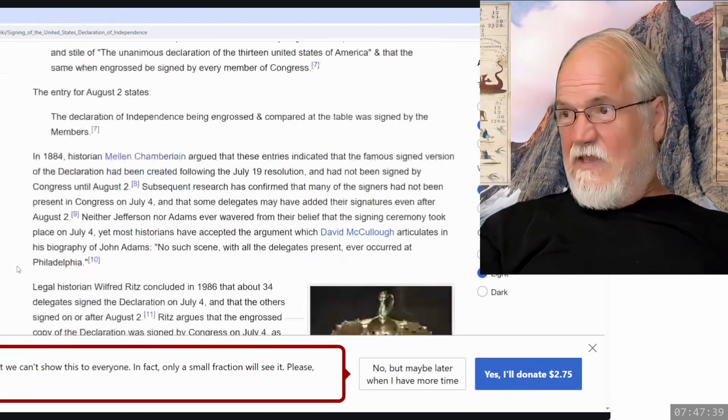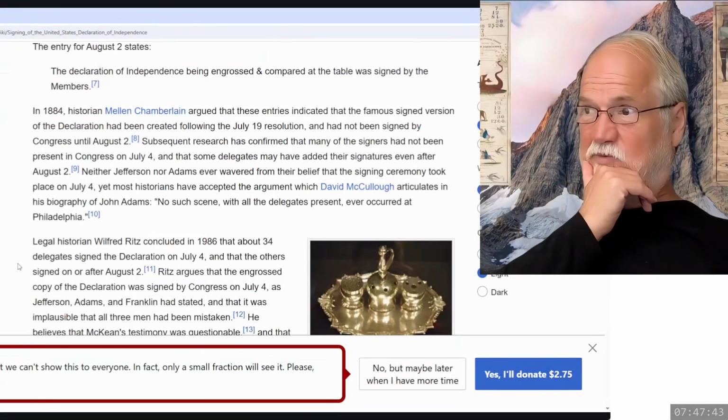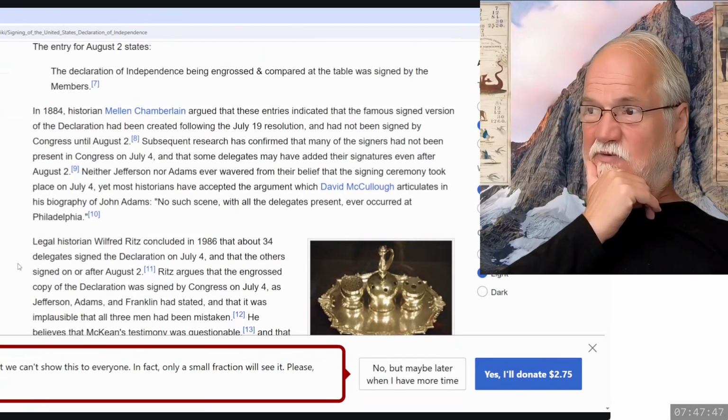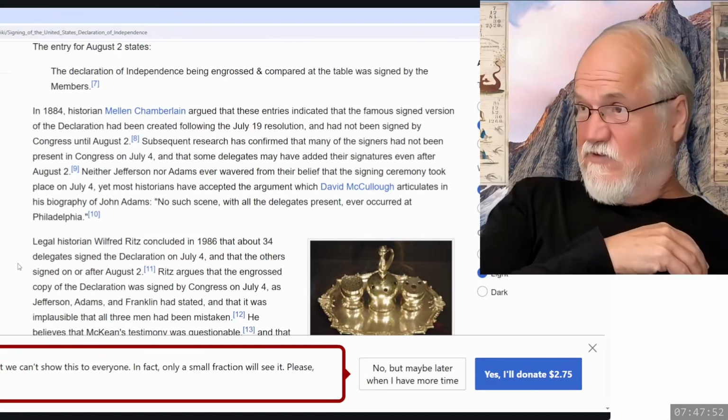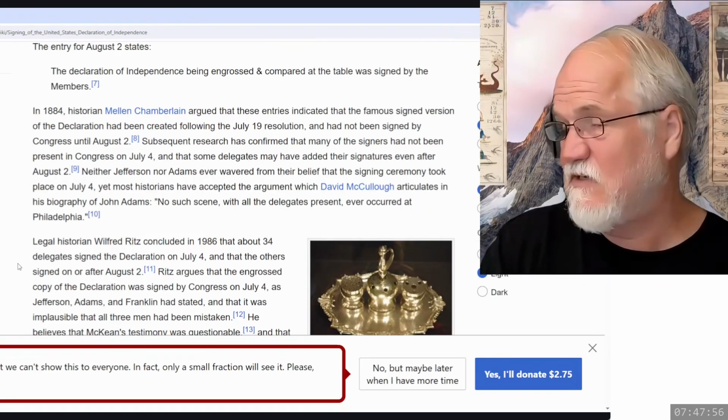In 1884, historian Mellen Chamberlain argued that these entries indicated that the famous signed version of the Declaration had been created following the July 19th resolution and had not been signed by Congress until August 2nd.